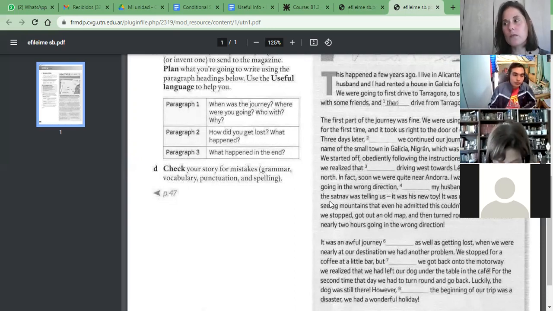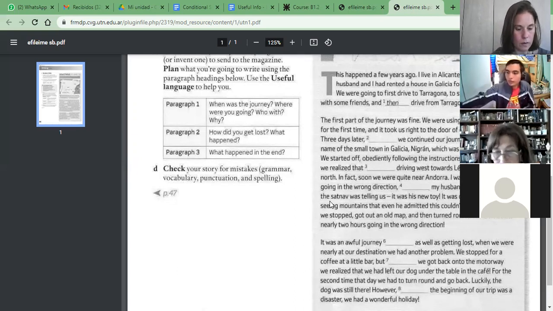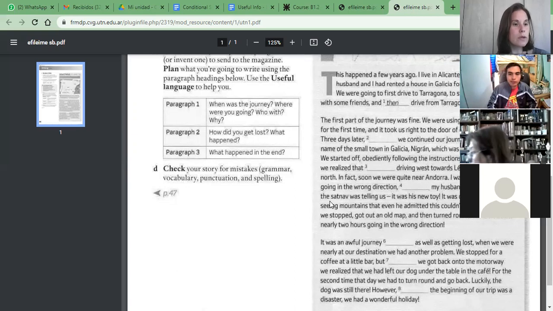Okay. There was a couple that wanted to go to Galicia for holidays, and they were using a new satnav, but it was wrong.